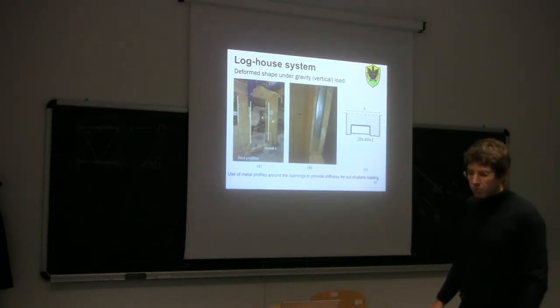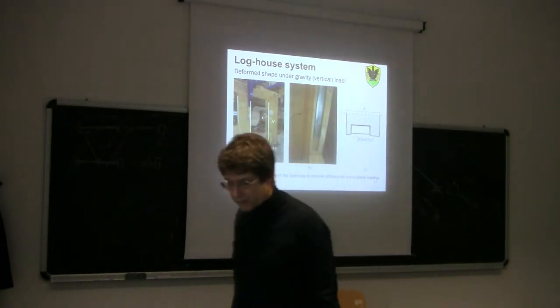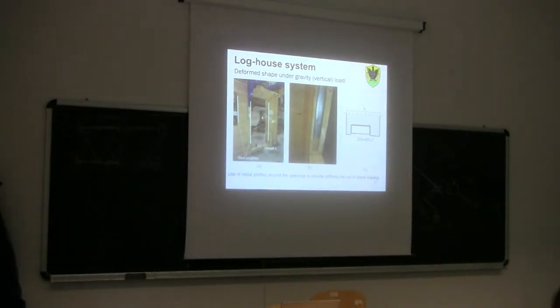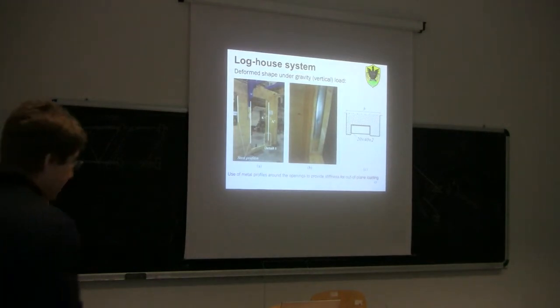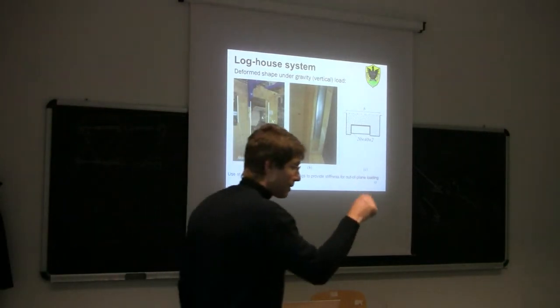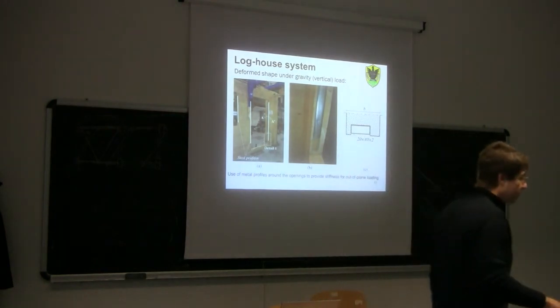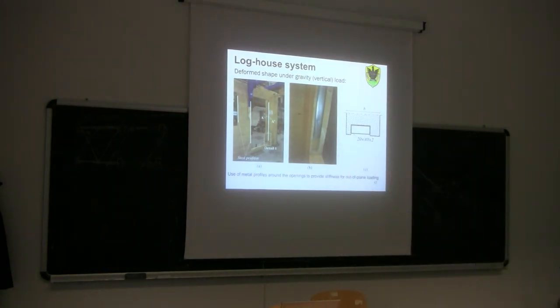Okay, now one of the problems with this system, as you can imagine, since the system is made from horizontal logs, and since those logs are stressed perpendicular to the grain, is the problem of flexural buckling under gravity load. So why is flexural buckling a problem for this type of walls?